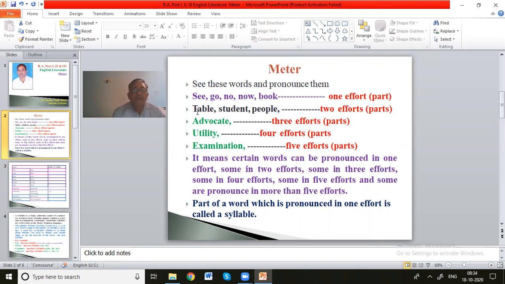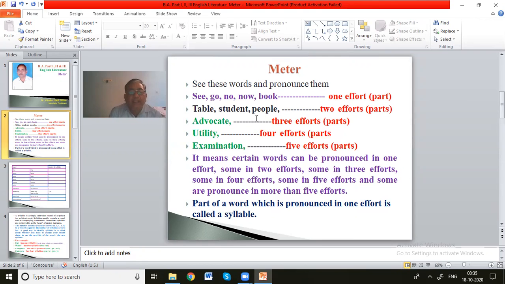Now look at the second category of words. Table, student, people. If we make an analysis in our mind, we find that these words are pronounced with one break, that is, in two parts or in two efforts.